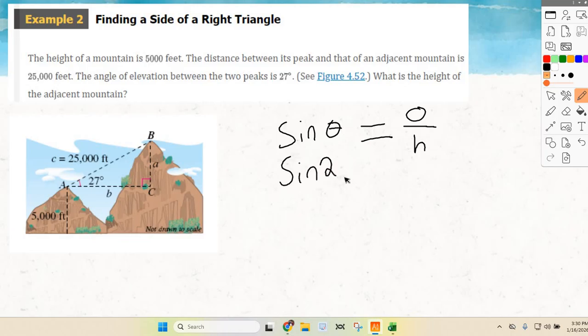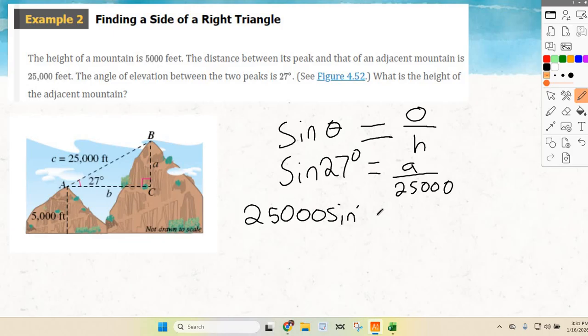Is 27 degrees one of our angles on our unit circle? No. So again, we're just going to have to plug it into our calculator. This time we're multiplying by 25,000, and we're going to use our sine button. And what do we get?